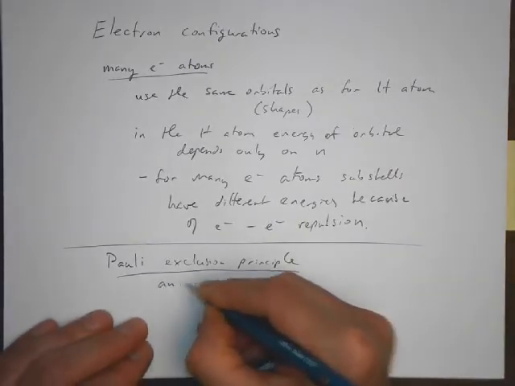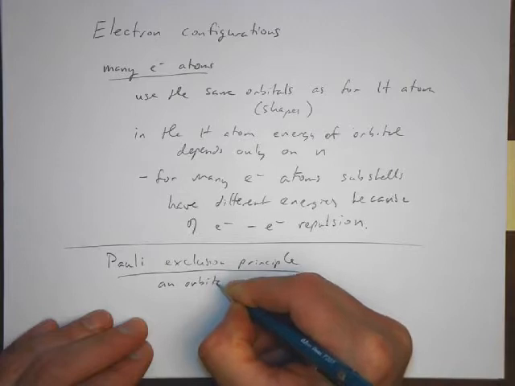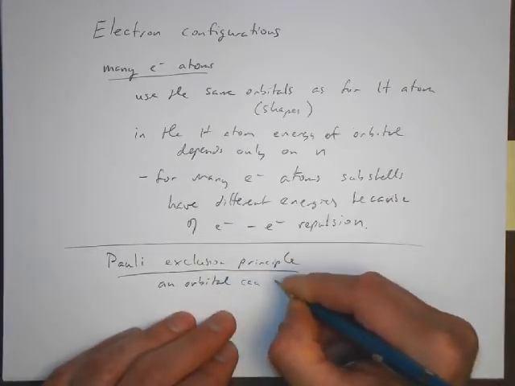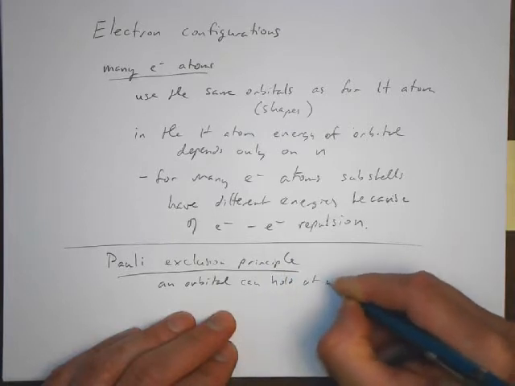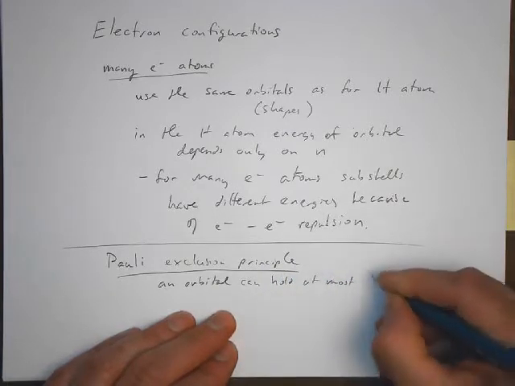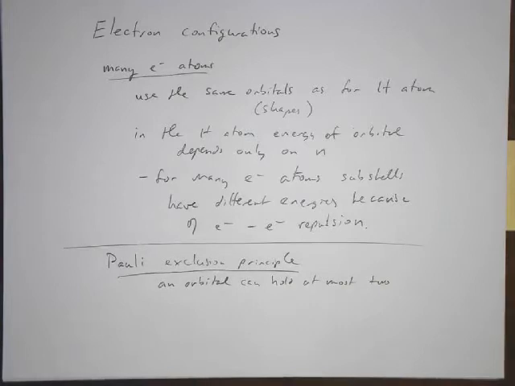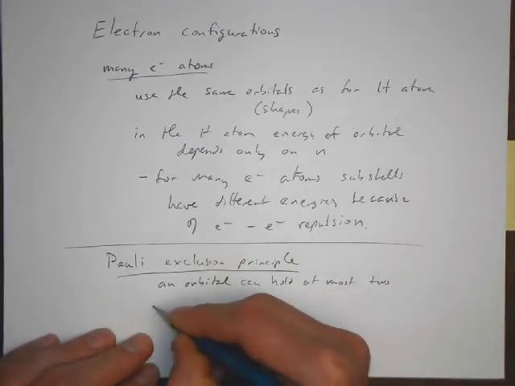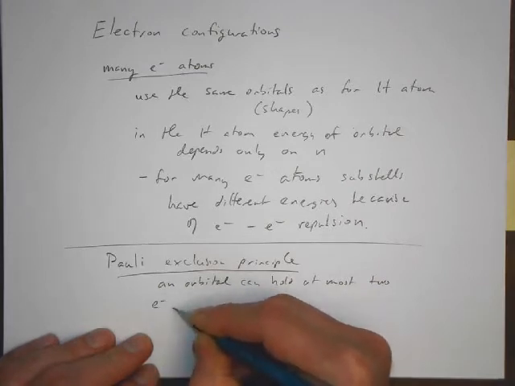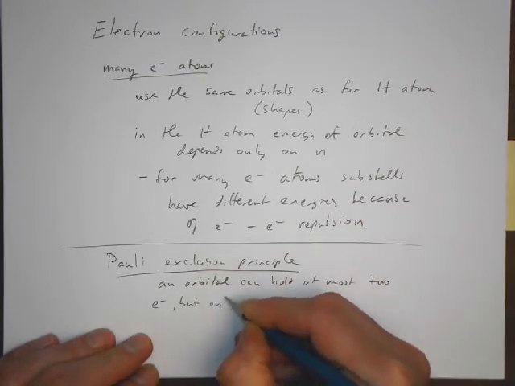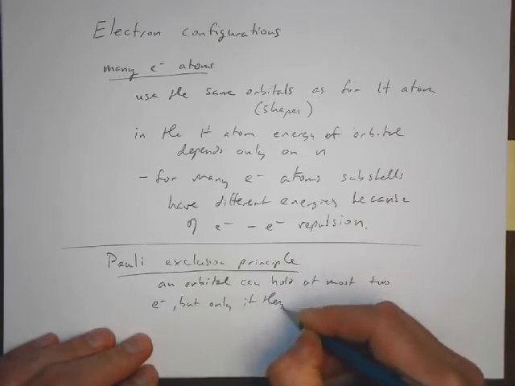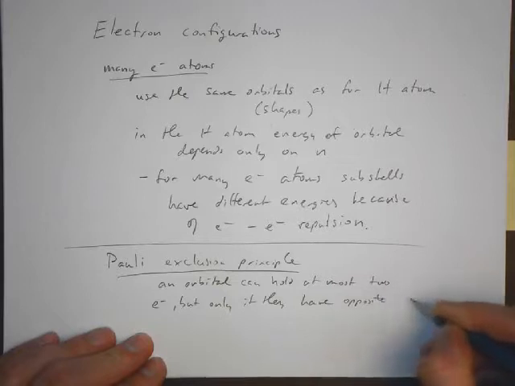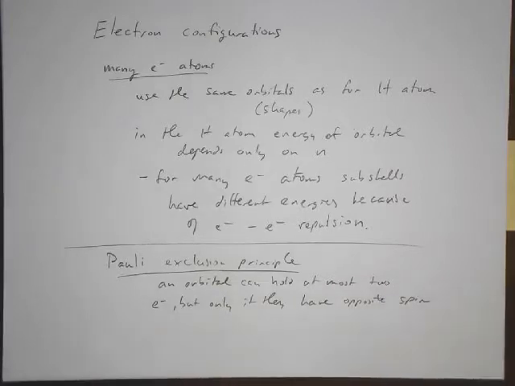It quite simply says an orbital can hold at most 2 electrons, but only if they have opposite spin.